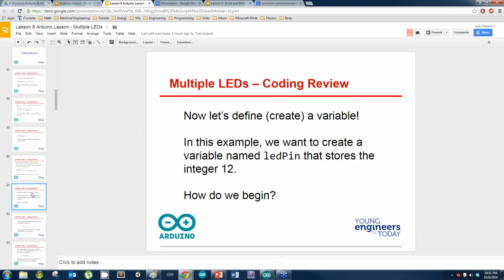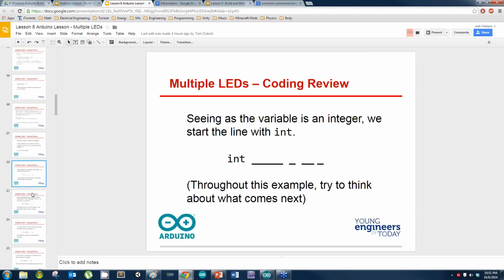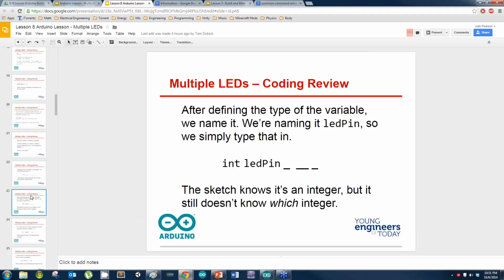So how many times does void setup run? Is it an indefinite loop? I got one correct answer. Good job, Dennis.